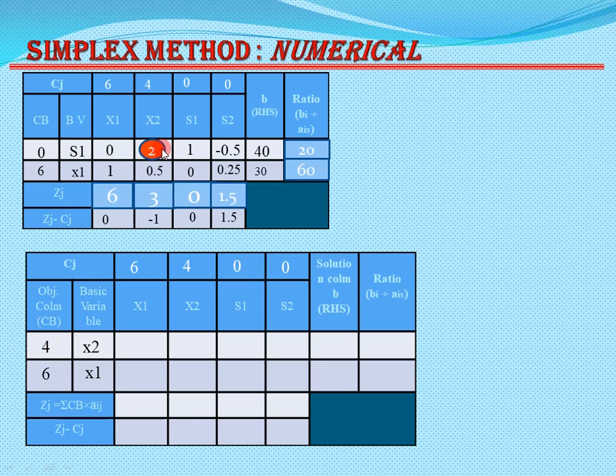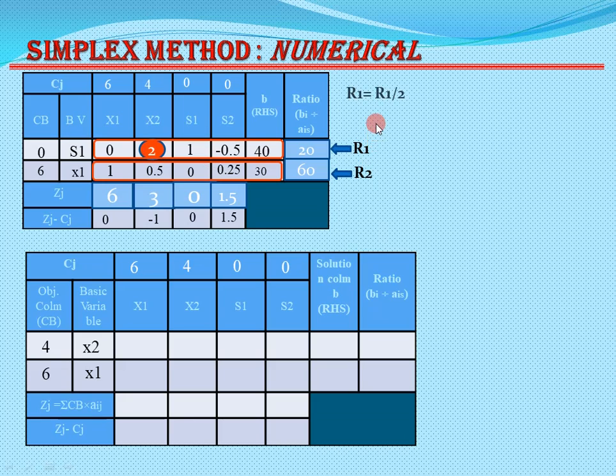And now we have to convert this pivot element to 1 and then the other element in that column to 0. So for that again we denote this first row as R1 and second row as R2. Now to convert this pivot element to 1, we can divide row 1 by the pivot element, that is 2.